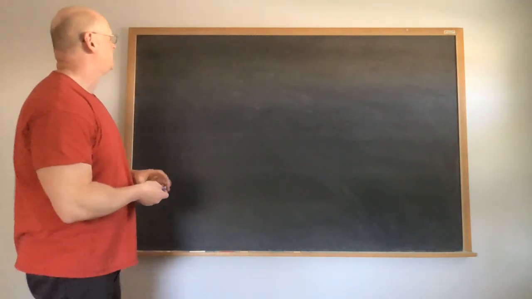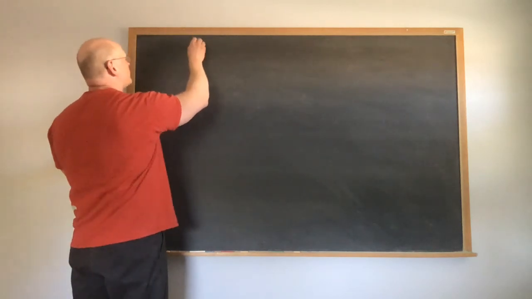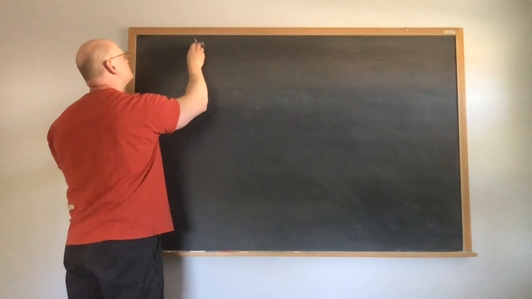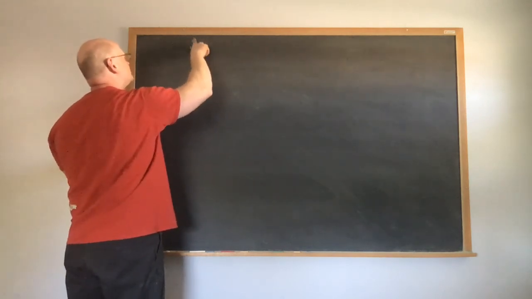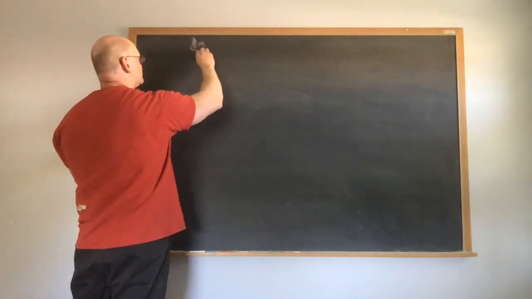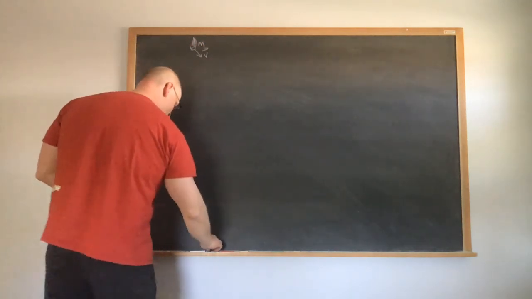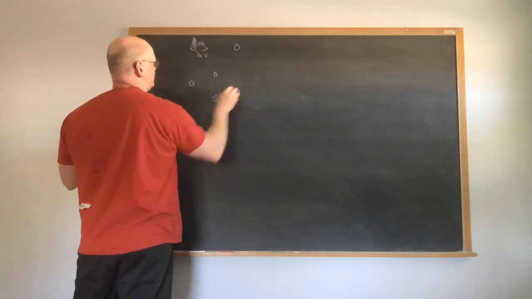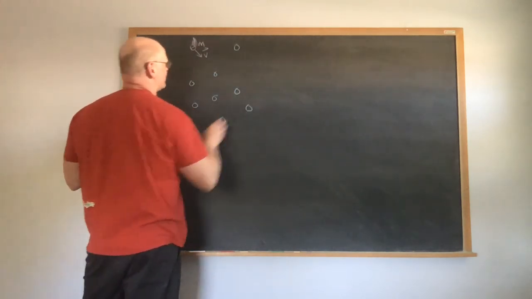So again, I'm looking at this particle here with mass m. Let's say it has a radius of r, so that it has a diameter of d, and let's say it's moving in this direction with a velocity of v, and inside of here I'm going to put other copies of this particle, say somewhere around here.